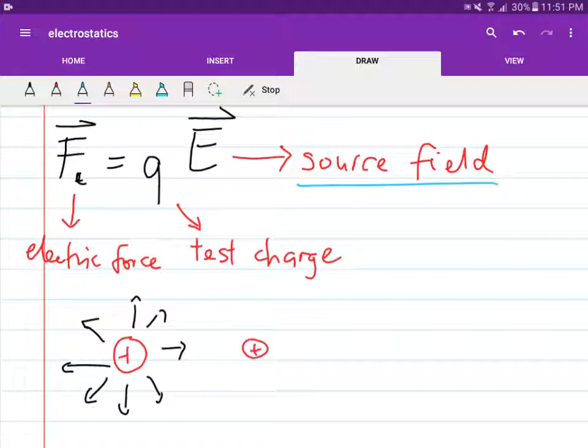So this positive charge feels as if this electric field is acting on it in the direction of its force. So the result is these two same charges will repel each other.